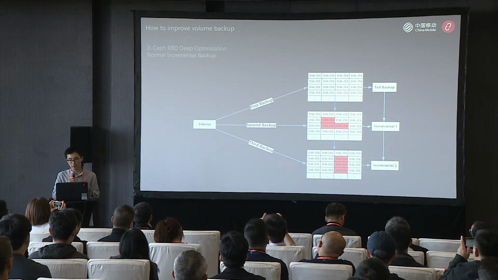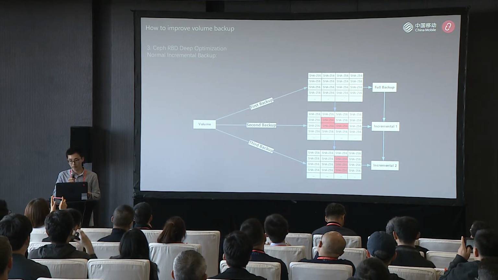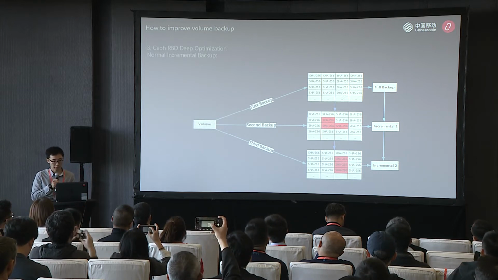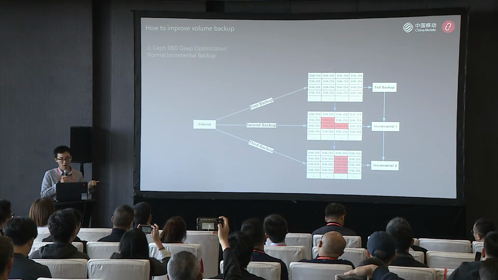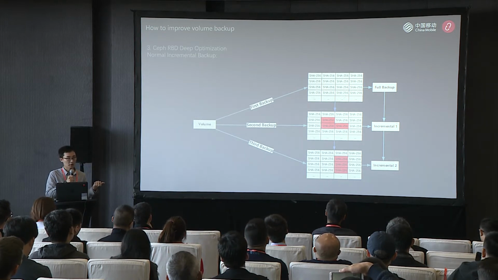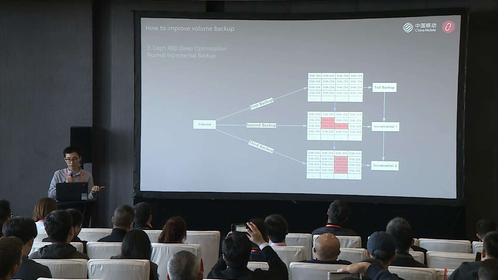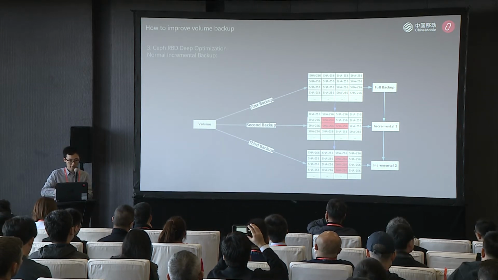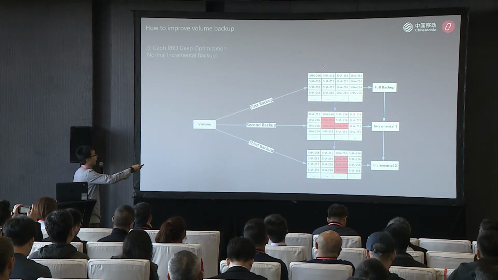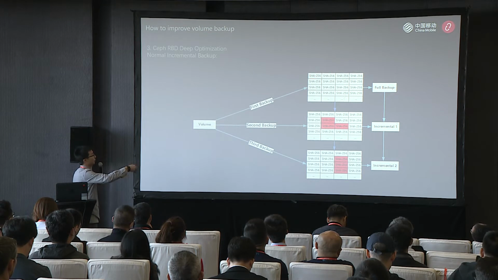Here is the last step. Incremental backup with Ceph. This is a normal incremental backup. For the first backup, we will read the full volume data and calculate hash code for every block. This is the track, and every hash code is a block.